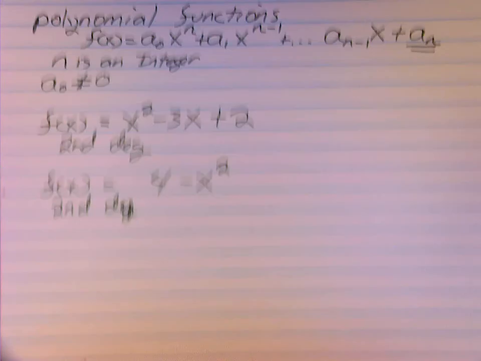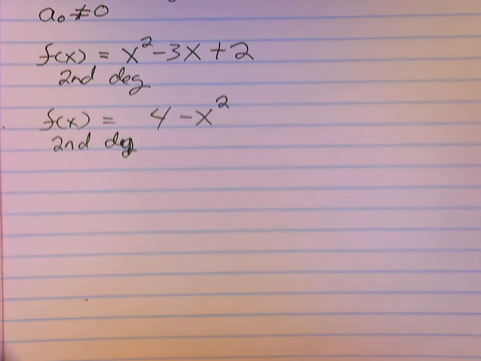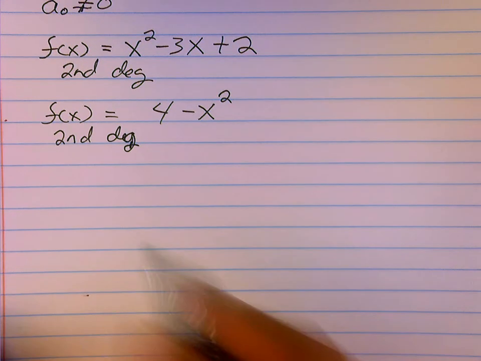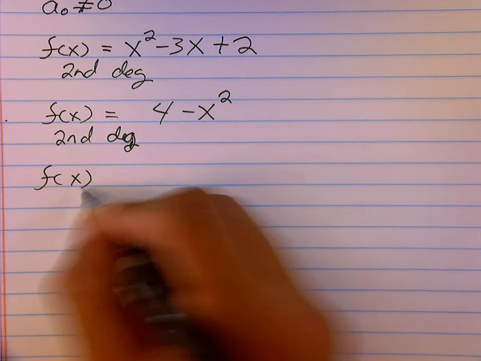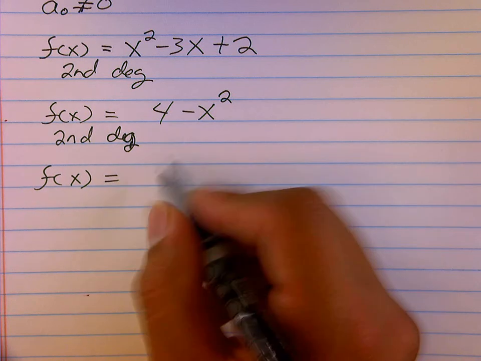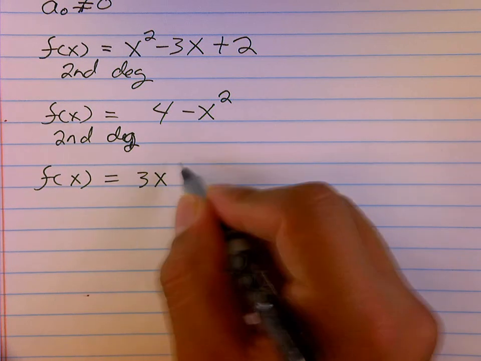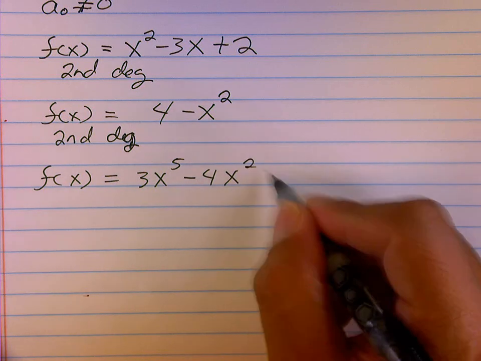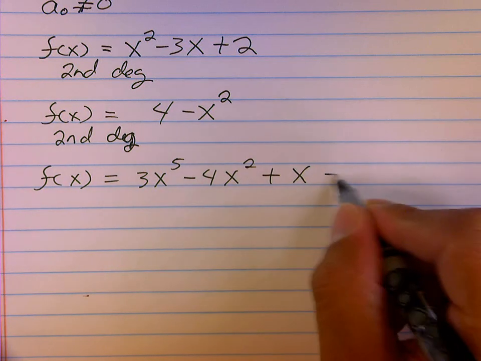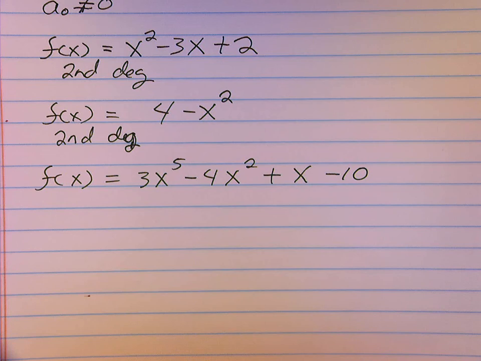Another example. Generally, we like to write polynomials with the exponents in descending order.